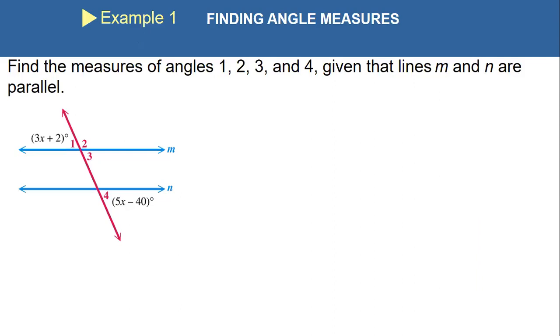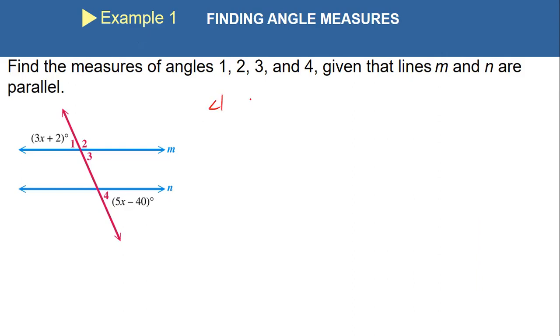Okay, so how does knowing this help us? Well, it's how we find unknowns. Knowing the rules and making the connection between those angles helps us solve things we don't know. So up first, it says find the measures of angles 1, 2, 3, and 4, given the lines M and N are parallel. Okay. So the first thing we have to determine is what is the relationship between angle 1 and angle 4?